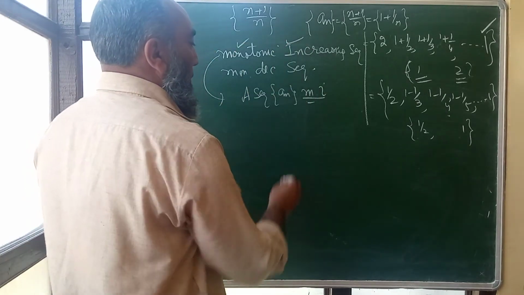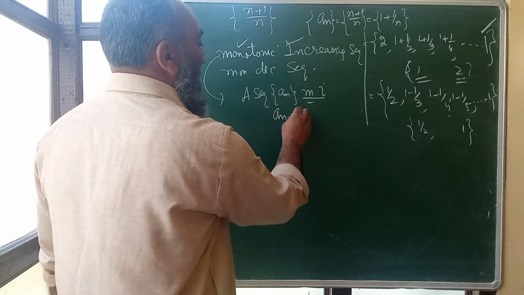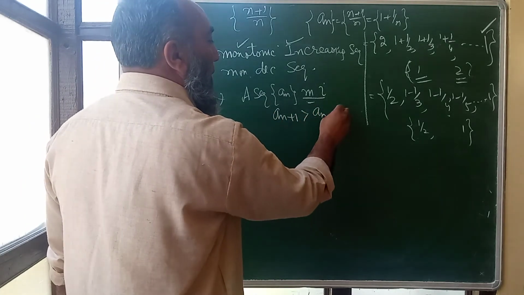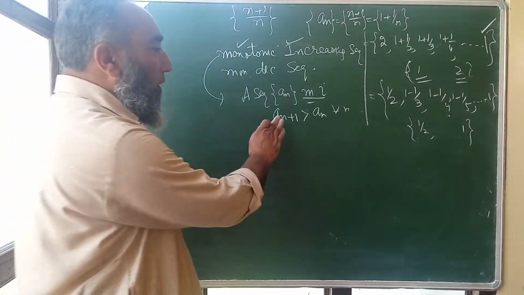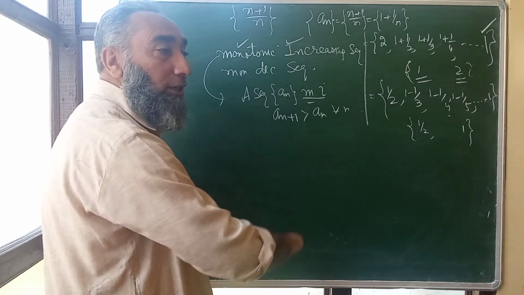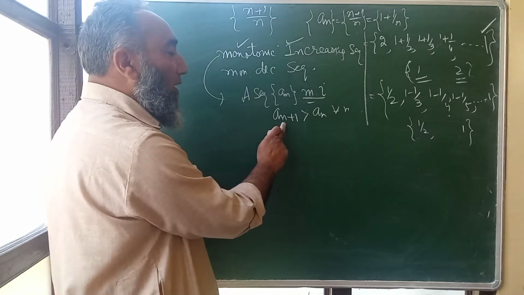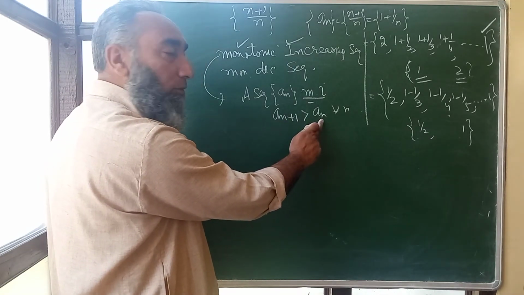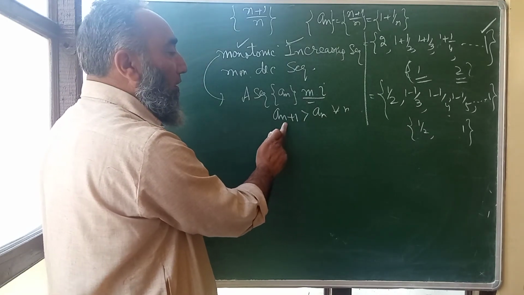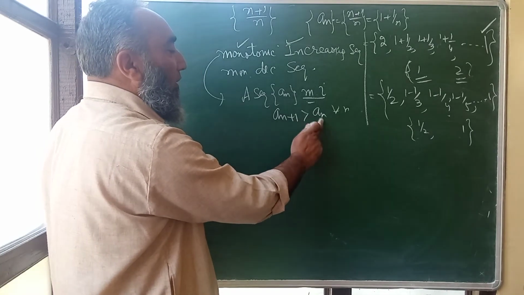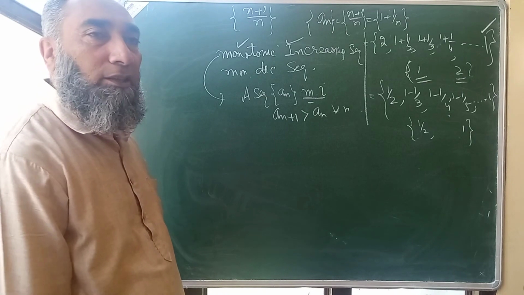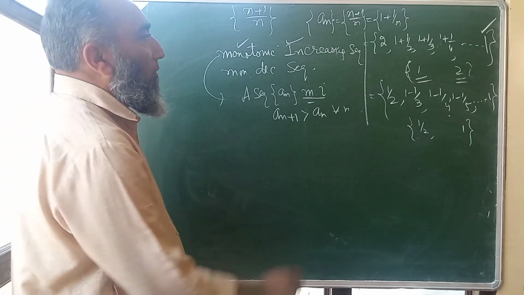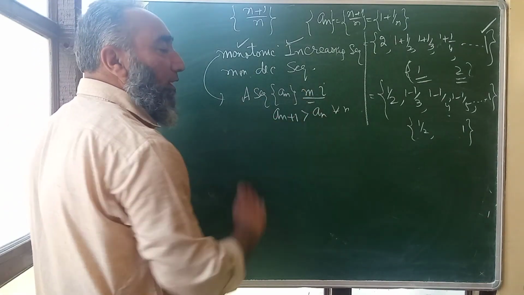if a(n plus 1) is greater than an for all n. That means the second element is greater than the first element. See, when n is 1, a2 is greater than a1; when n is 2, a3 is greater than a2; when n is 3, a4 is greater than a3. So a sequence an is said to be monotonic increasing if a(n plus 1) is greater than an.